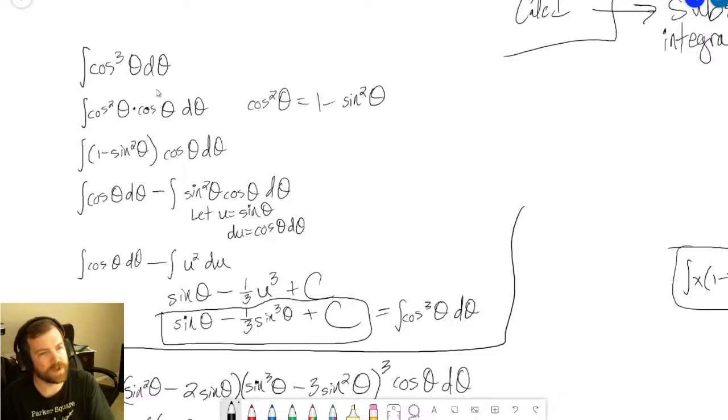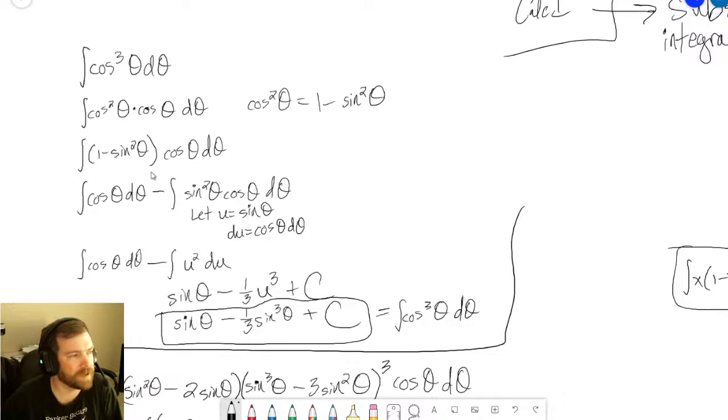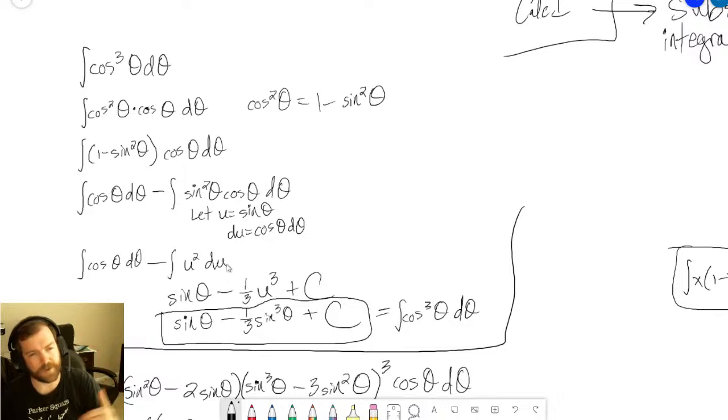And the way to do this really is to split this up into two functions, a cosine squared and a cosine, and then say, well, if we want a function and its derivative, cosine and cosine isn't going to work, but we can translate a cosine squared into a sine squared. And so trade that out, doing normal trig stuff. When we multiply all this stuff out, then we got one straightforward integral and one that we had to do a u substitution on, which then allows us to get this thing, which then allows us to plug in this other stuff down at the bottom.